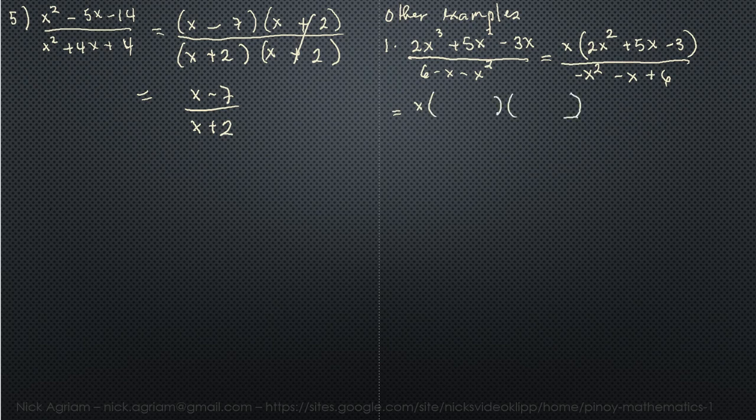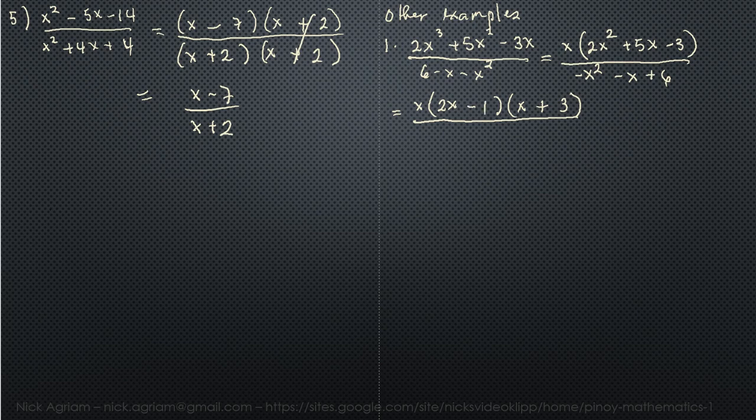I hope I can factor that also. We can factor this by grouping, as you have learned, but I think we can do that if we have 2x and x, and then we have positive 3 and negative 1.